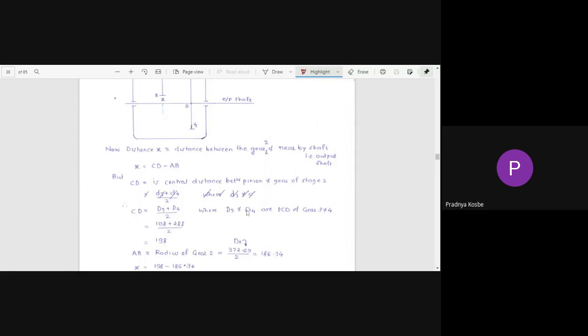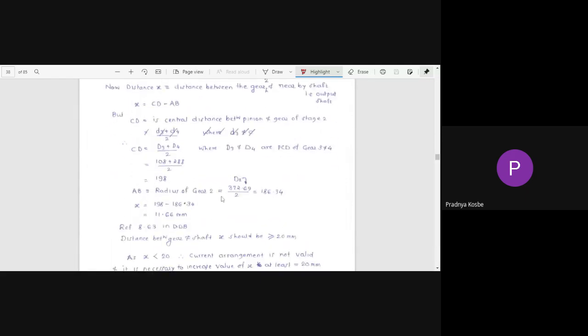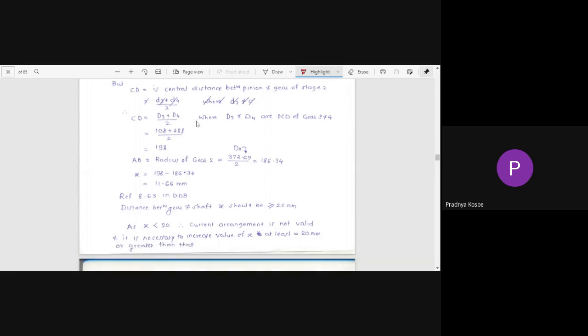After putting the values of pitch circle diameters of D3 and D4, which we already calculated in the design of the spur gear, because they are stage 2 gears, it is 198. And what is AB? You can see AB starts from the intermediate shaft to the end of the gear. So AB is the radius of gear 2. So it is 186.34. So now you can calculate X as CD minus AB.